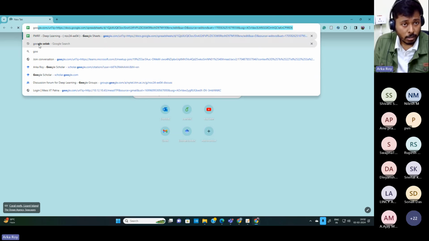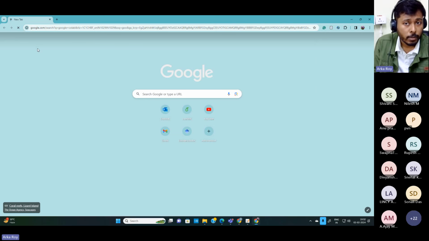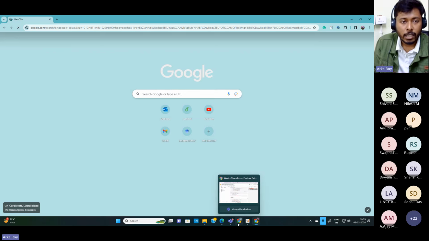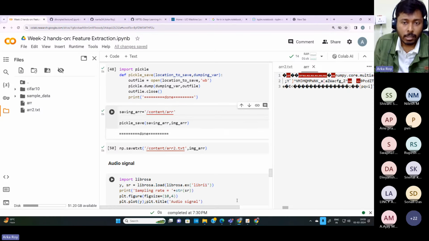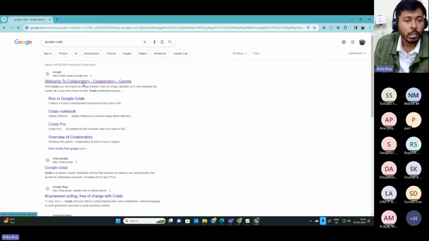My system is a little bit slow, so probably it will take time. Let it load. Meanwhile, I will show the answer to the question of whether the ARR content is the same as arr2. The content is the same. So let it just load. Yeah, it has been loaded.